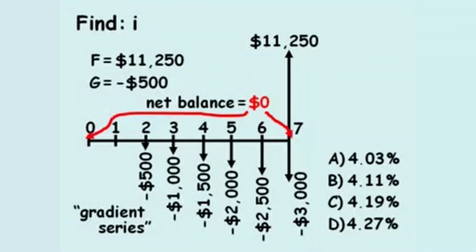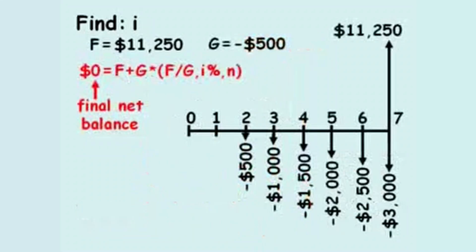Therefore, we need to determine the rate of interest of the account I such that the net balance in the account equals $0 at the beginning and at the end of the cash flow diagram when provided the values of F and G. Since the final net balance equals 0, we'll begin by writing out the equation for the future value of the account.